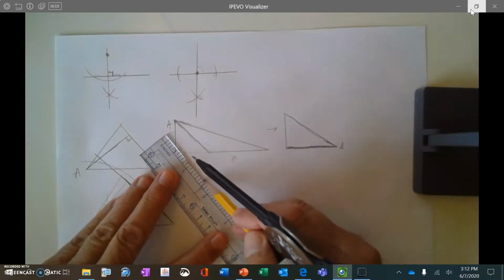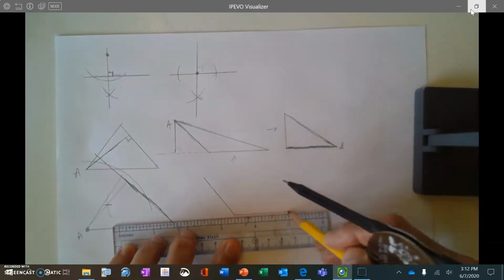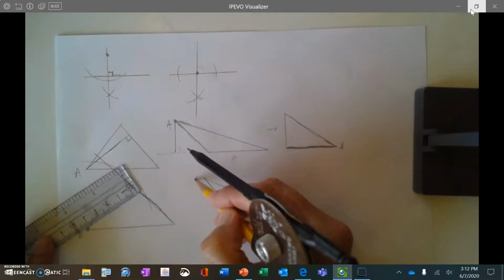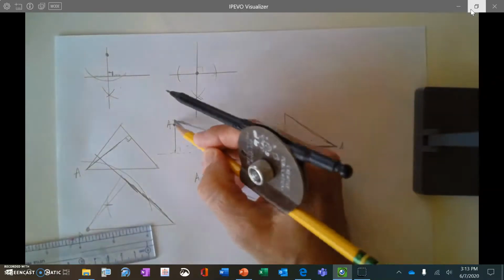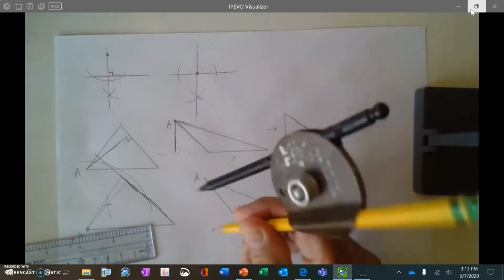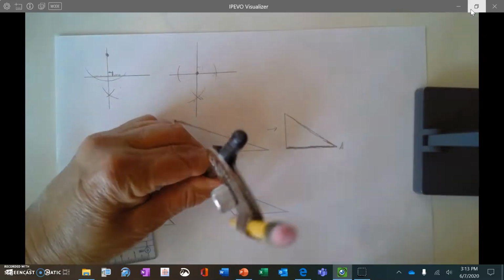Okay, this time I'm going to try to create an obtuse triangle. Here is A. Okay, so up here I sketched it. Here I'm going to try to construct it. To construct it, I stab in at the vertex, go a little bit past the line.